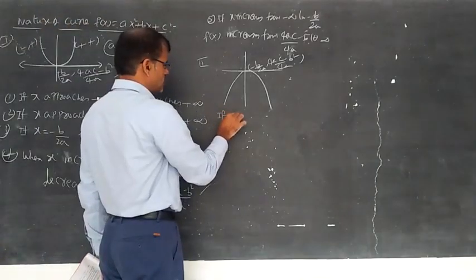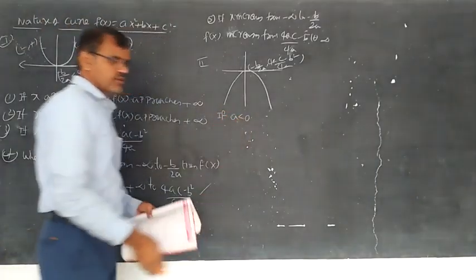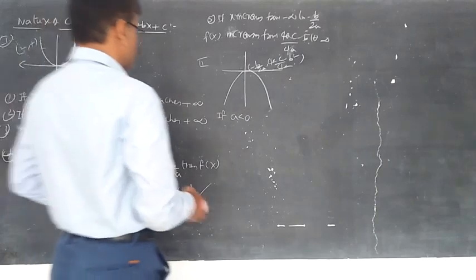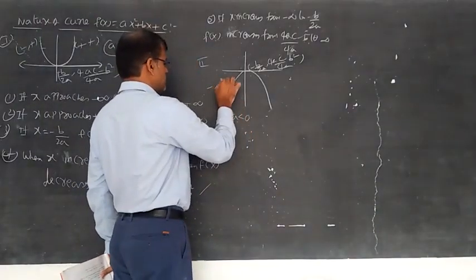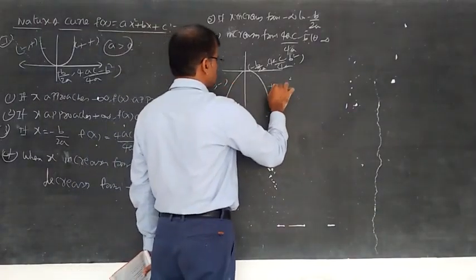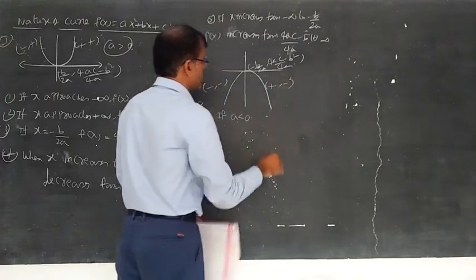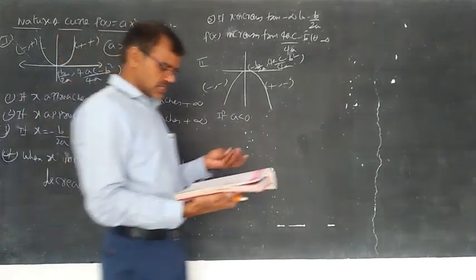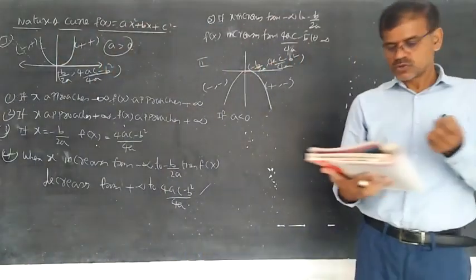Now Roman number 2, the characteristic of the graph, we can say a less than 0. For the a less than 0 graph, we can say if x approaches minus infinity, because here you can understand it is minus comma minus concept, and here this is plus comma x is plus and y is minus. Minus comma minus concept, plus comma minus concept.